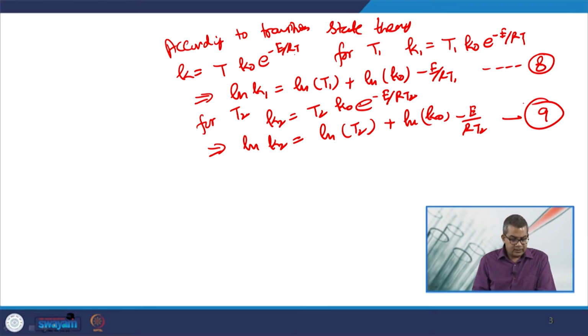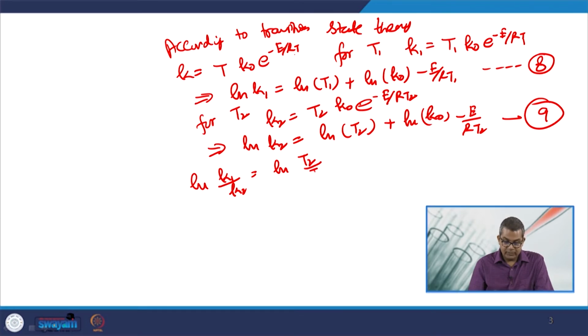Now if we subtract equation number 9 from 8, we have ln K1 upon K2 is equal to ln T1 upon T2 plus E upon R (1 upon T2 minus 1 upon T1).